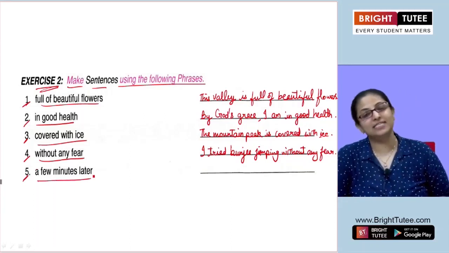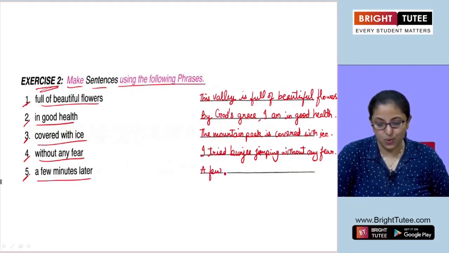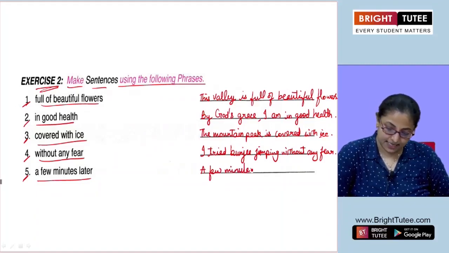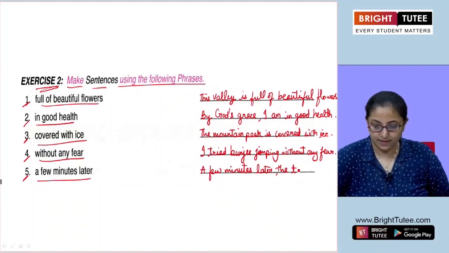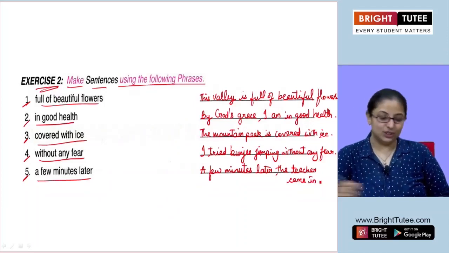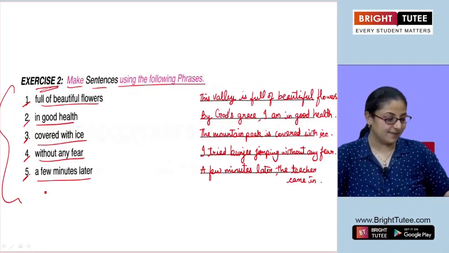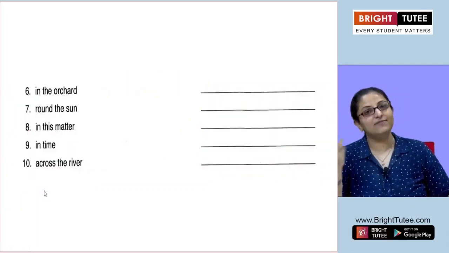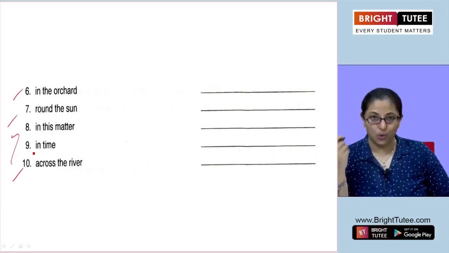A few minutes later. A few minutes later, the teacher came in. Right? So these are the phrases that we have converted into sentences. Kids, I have done the first 5 for you. Rest 6, 7, 8, 9, 10 you will be doing on your own.